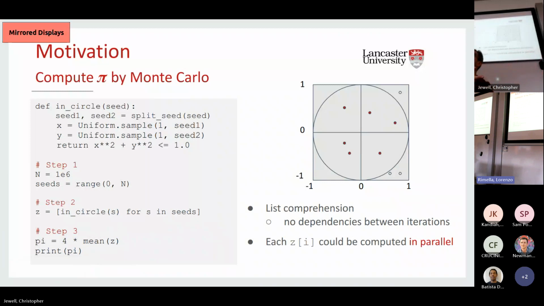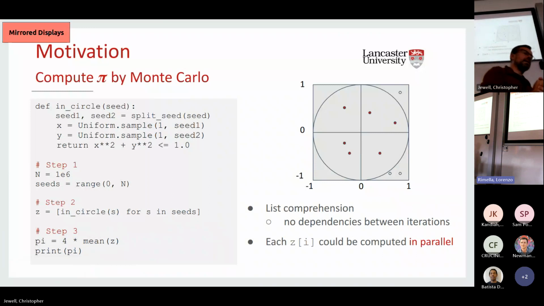They're all independent. So actually, it doesn't matter which order I execute my in-circle functions in. All I need out at the end is just a jumbled up array of the trues and falses in the right proportions.